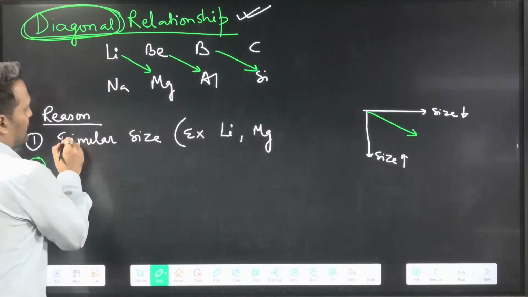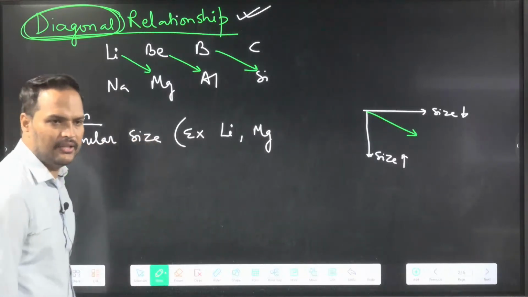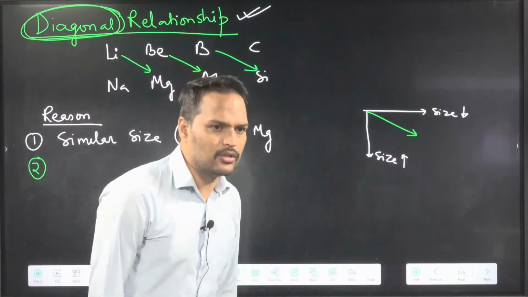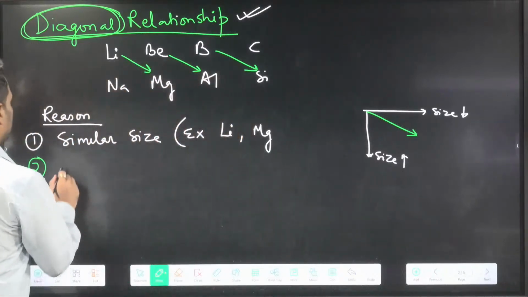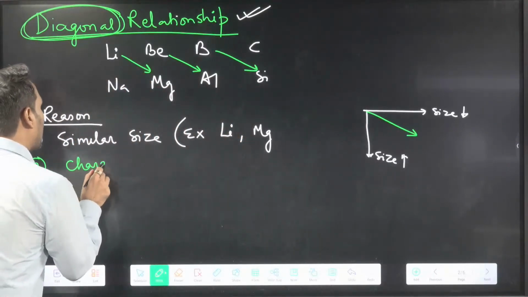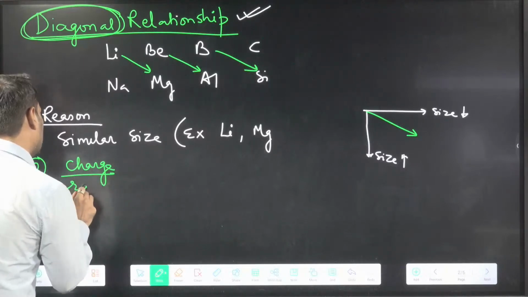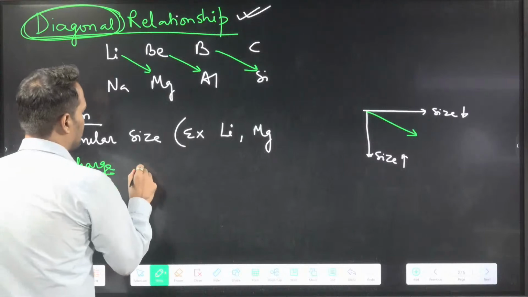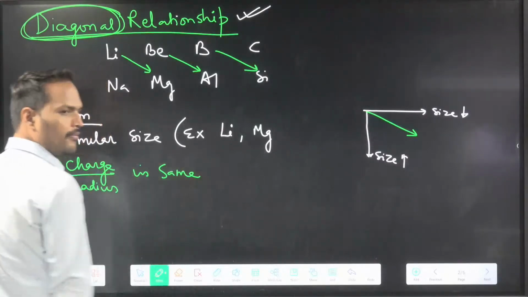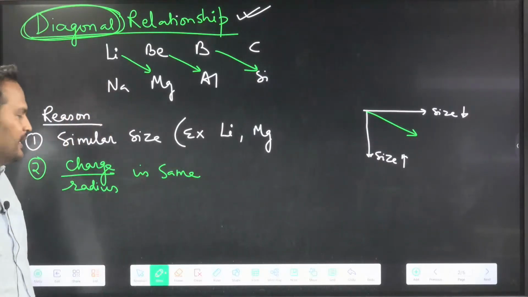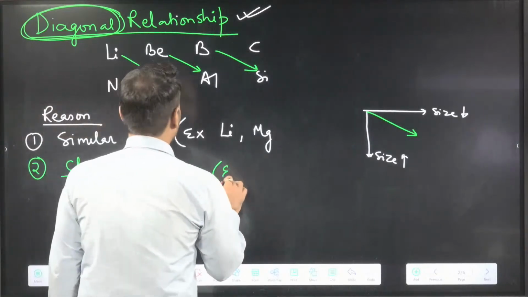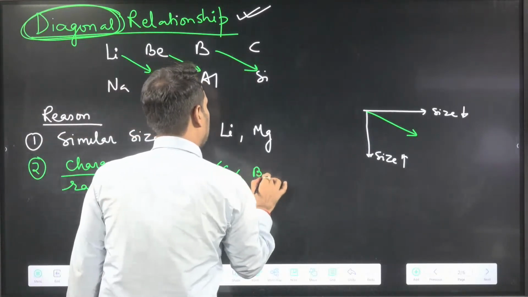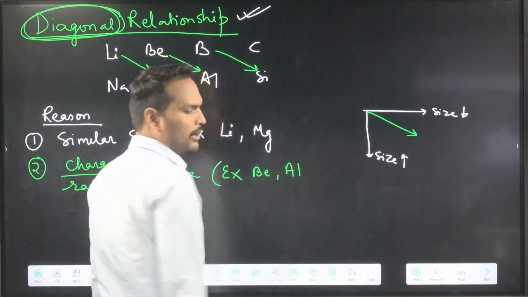They are saying if size is not same, then what? Charge to ionic radius ratio is same, like we see in case of beryllium and aluminium.